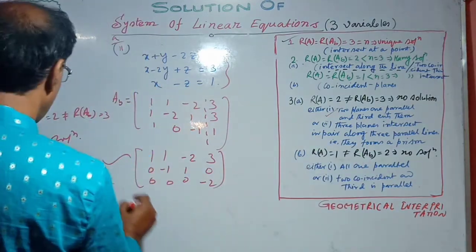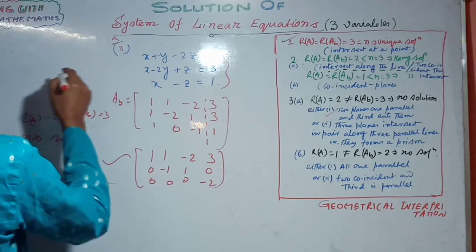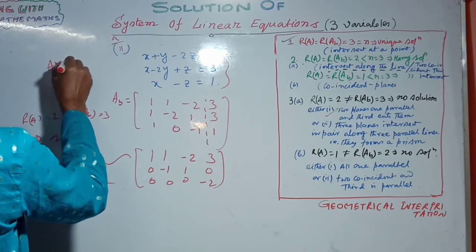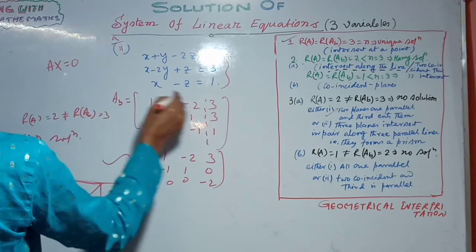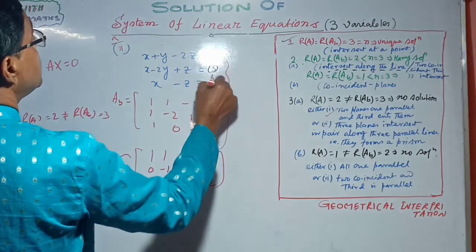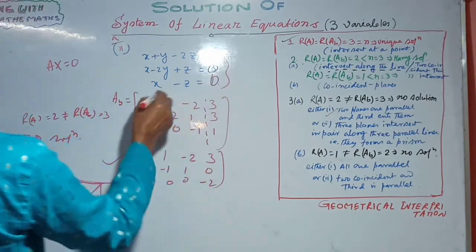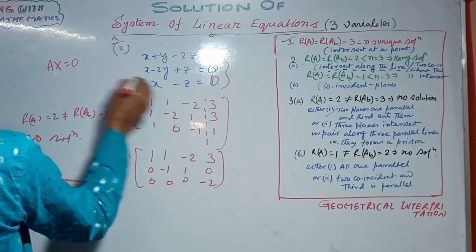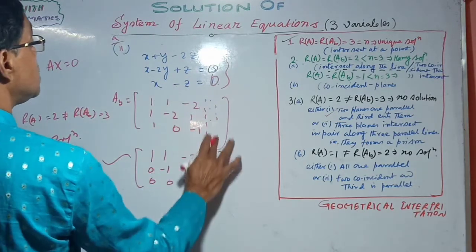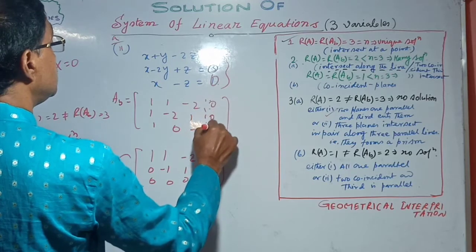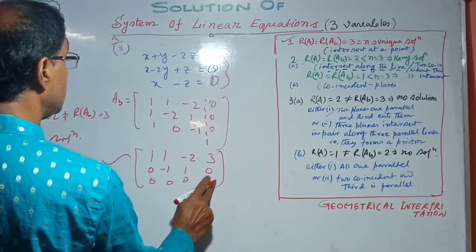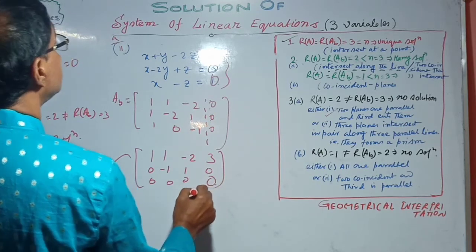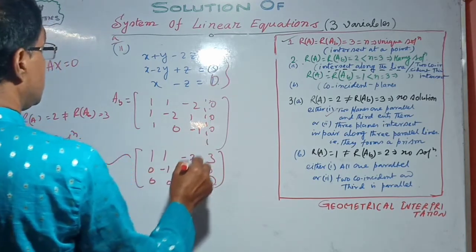If we consider the system of equations Ax equal to 0, that is the homogeneous form, then we get the solution by reducing to 0 0 0 0.